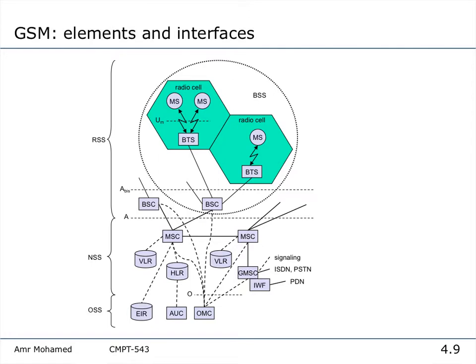So that's one major function for the mobile switching center. Another major function for the mobile switching center is to facilitate the interconnection with the other types of networks.